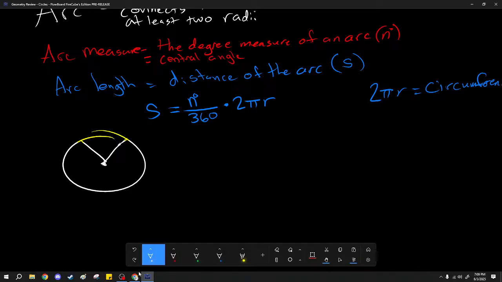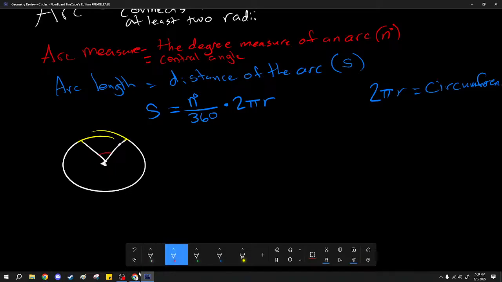But essentially this fraction is the ratio of how much this part of your circle is compared to the whole thing. So how much degree measurement is part of the whole thing is this chunk. So what you're doing is multiplying the circumference, the entire distance around, times whatever percentage of the circle is here, the degrees.